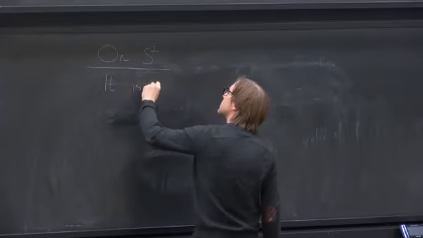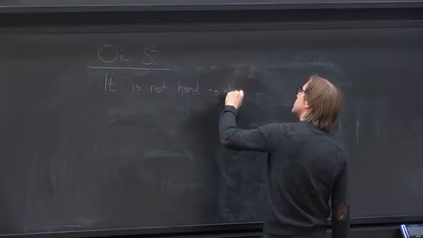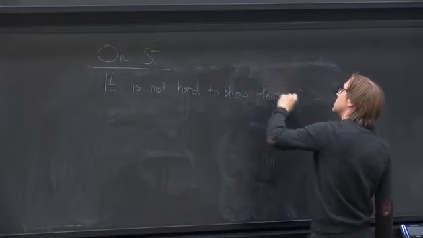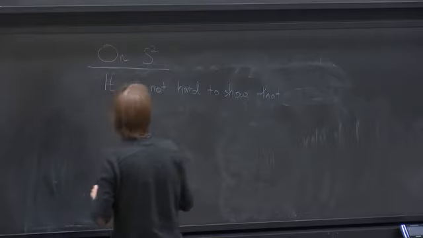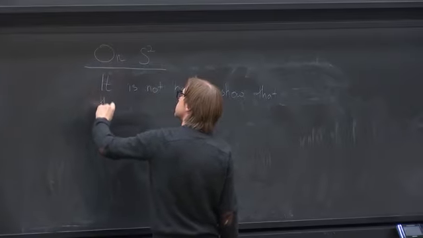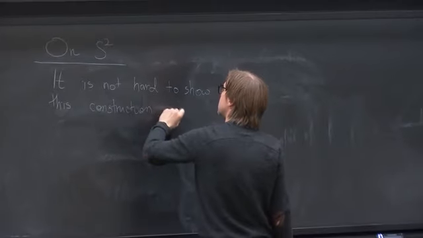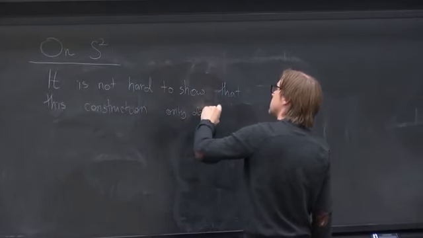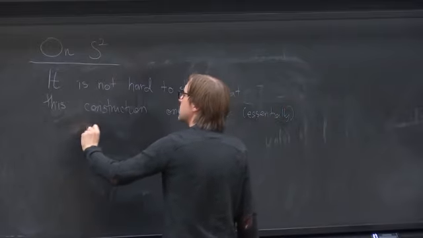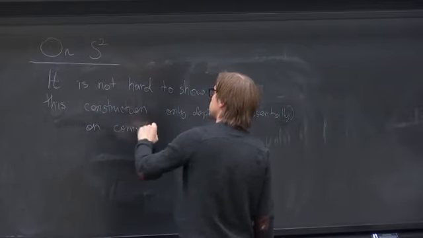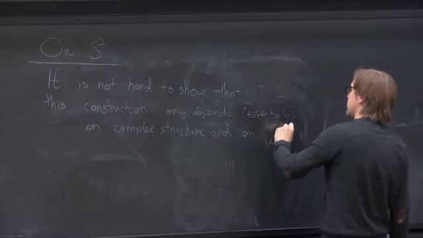So it is not hard to show that this construction essentially only depends on the complex structure and on the cohomology class of omega.